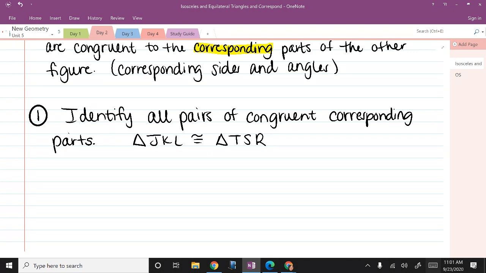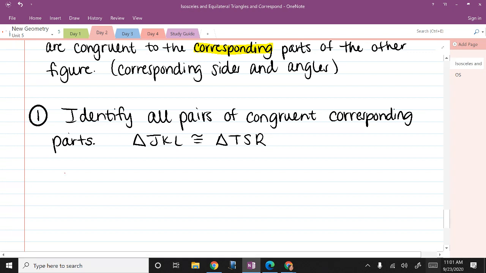So angle J in this triangle corresponds with angle T in this triangle. And the middle with the middle and the last with the last. So the order is going to matter.